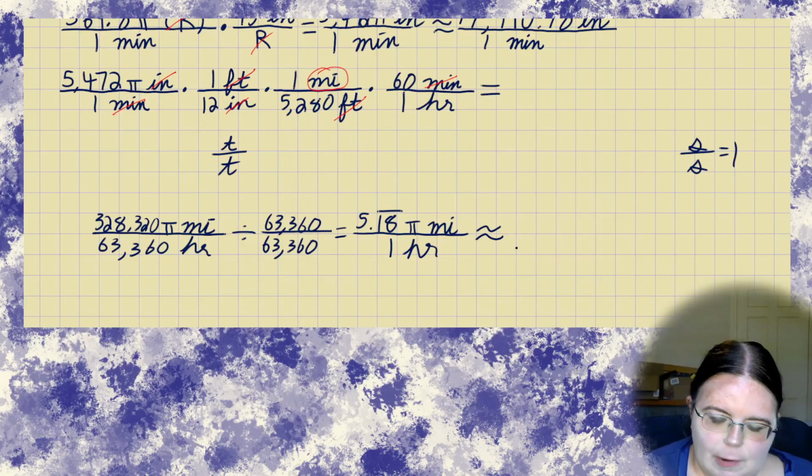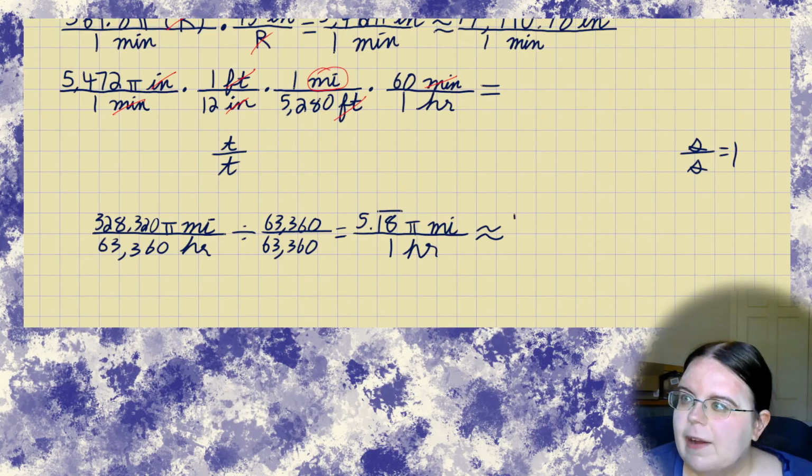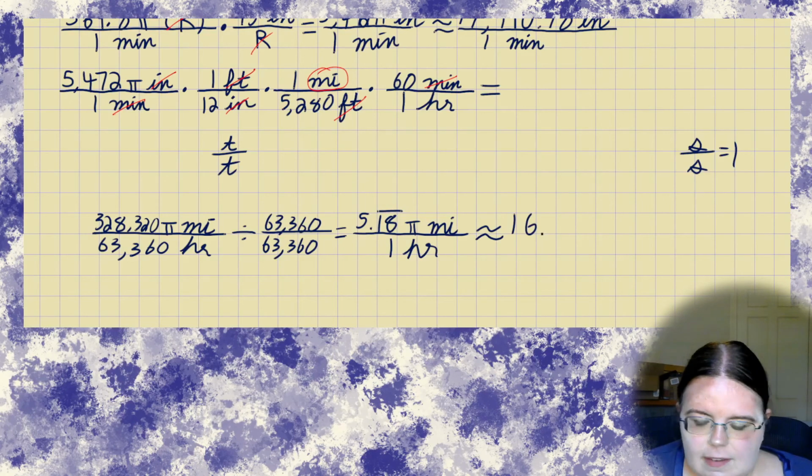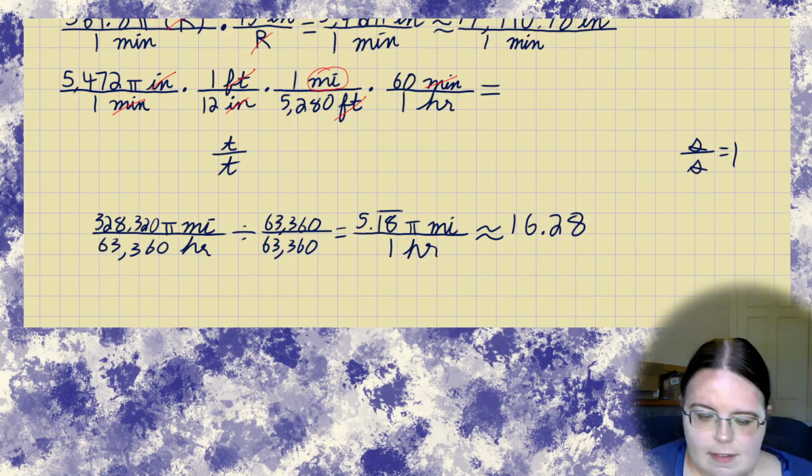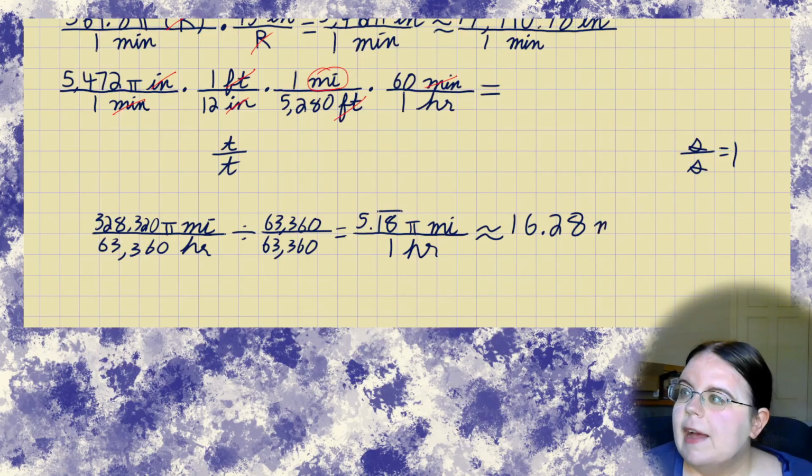So I'm going to go ahead and multiply that by an approximation for pi, 3.14159. And I see that this is about 16.28, again rounding to 2 decimal places as I have been, miles per 1 hour.